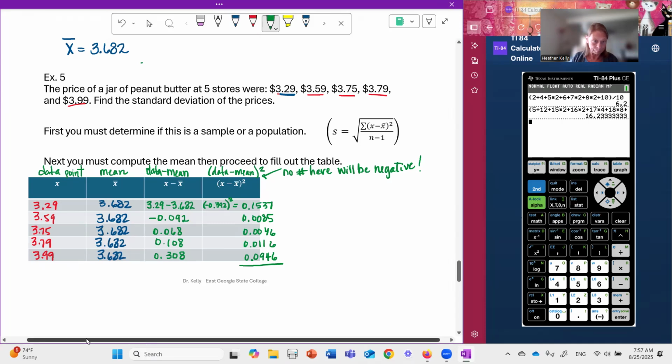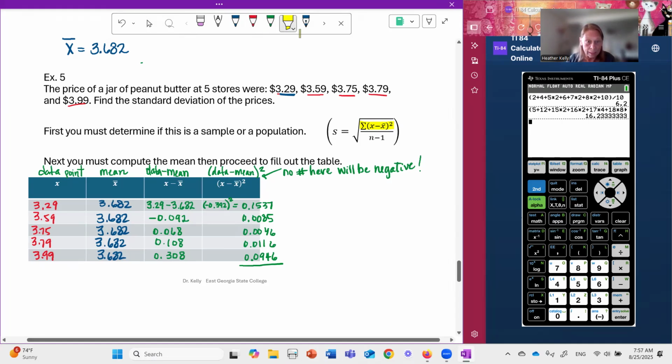Okay, now we have finished up the table. Now what? Well, let's look up here at our formula. At the very top of our formula, it says the sum of the data point minus the mean, squared.